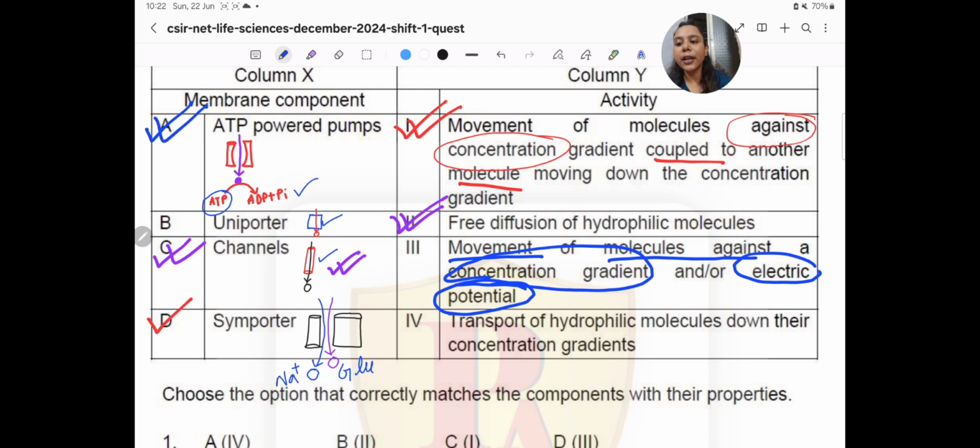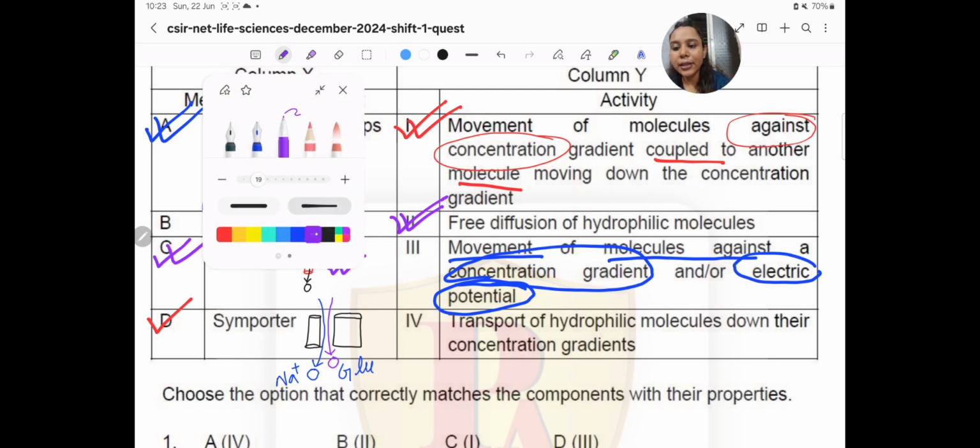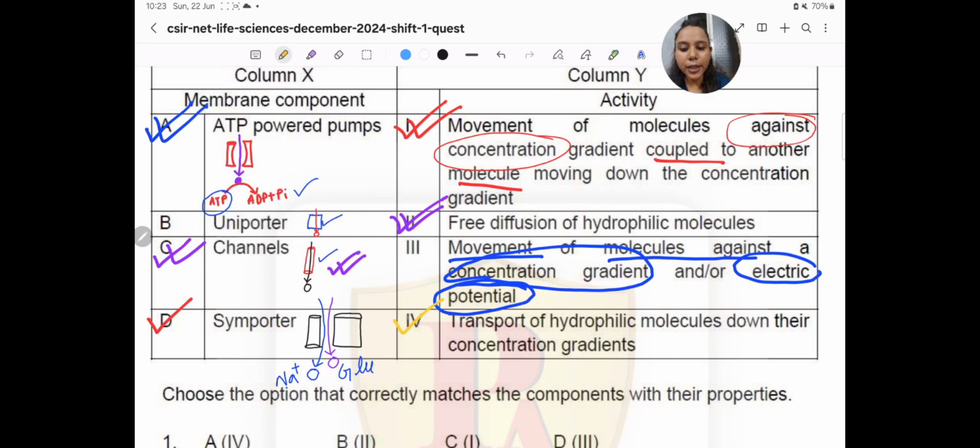That is why there is ATP utilization, breakdown of ATP, liberation of energy. And the last one, transport of hydrophilic molecules down their concentration gradient, that is the uniporter. So B4.